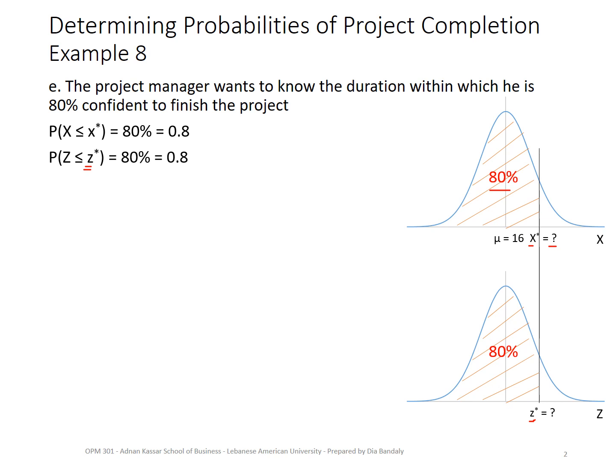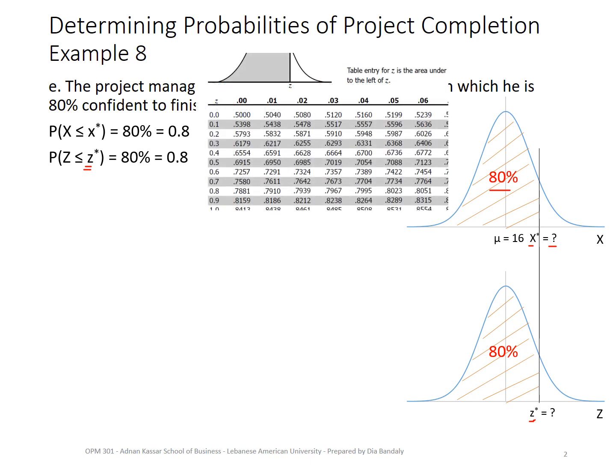I take an extract from the z table and look inside the area for 0.8. You don't always find exactly the same value, but you try to find a value as close as possible. I believe this value is the closest to 0.8. So it's 0.7995.